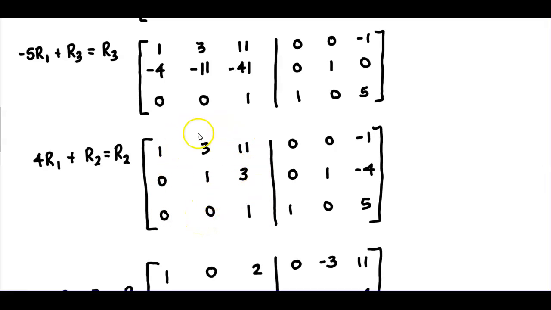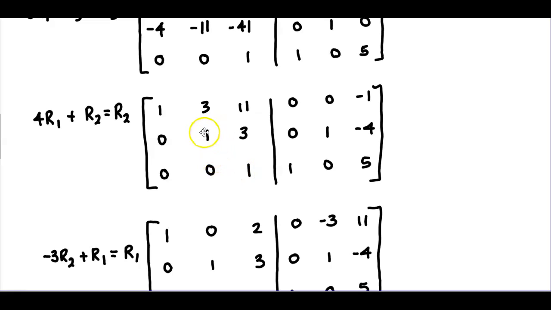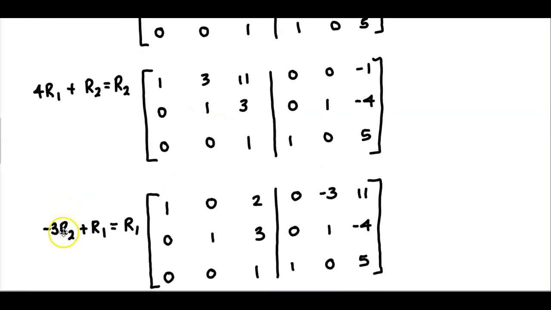Now, we want to get the identity matrix here, so we have to make sure that this 3, this 11, and this 3 become 0. So one way of doing that is to use this 1 in the second row and multiply it by negative 3 and then add it to row 1 to make that a 0. So negative 3 times 0 plus 1 is 1. Negative 3 times 1 is negative 3 plus 3 is 0.